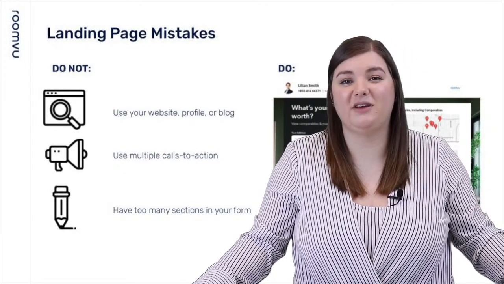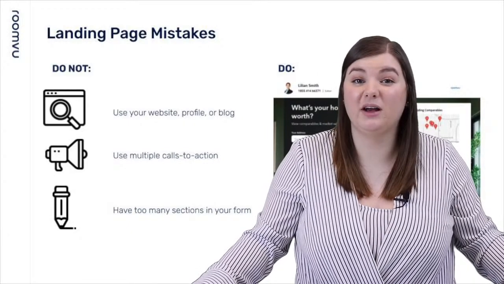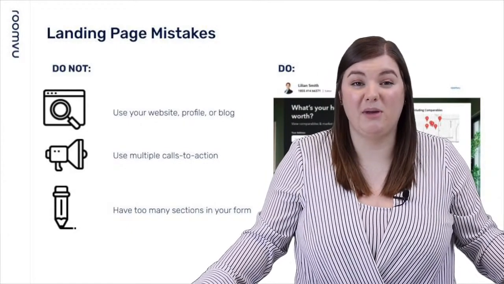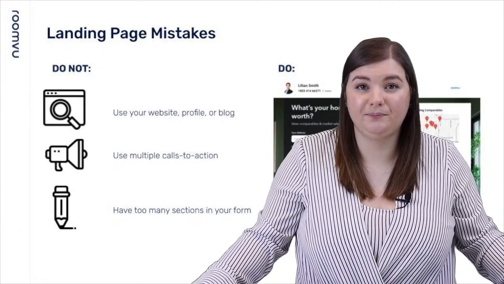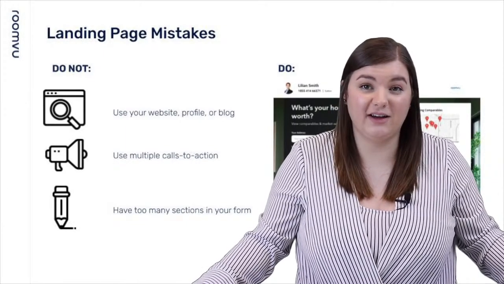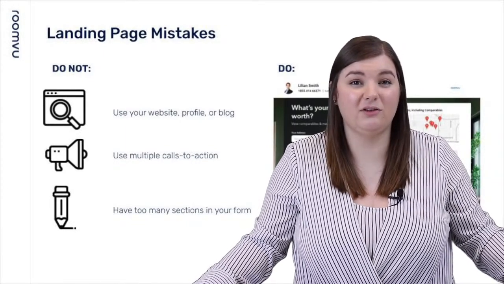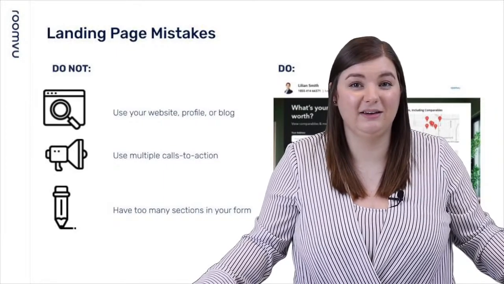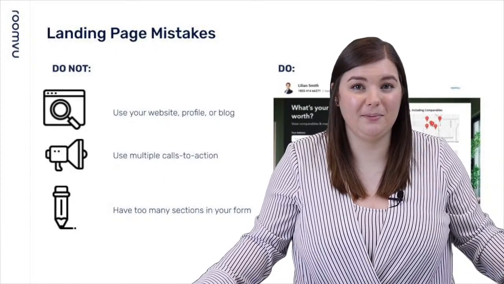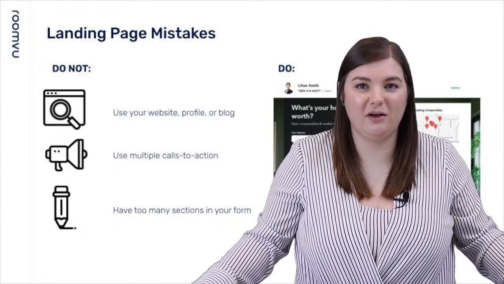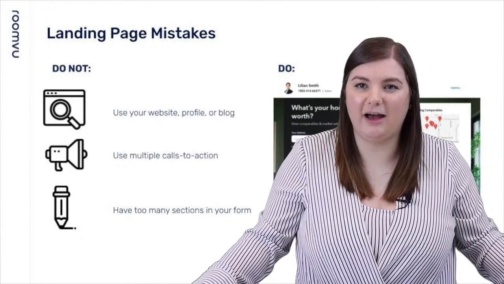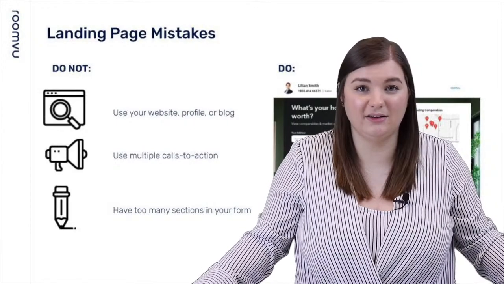Is it to get your potential lead to sign up for a newsletter or your blog, or maybe book a call with you? If your goal is to get their contact information, the only action that is required on their part is to give it to you. In order for them to do that, though, you need a specific call to action that is clear and concise.